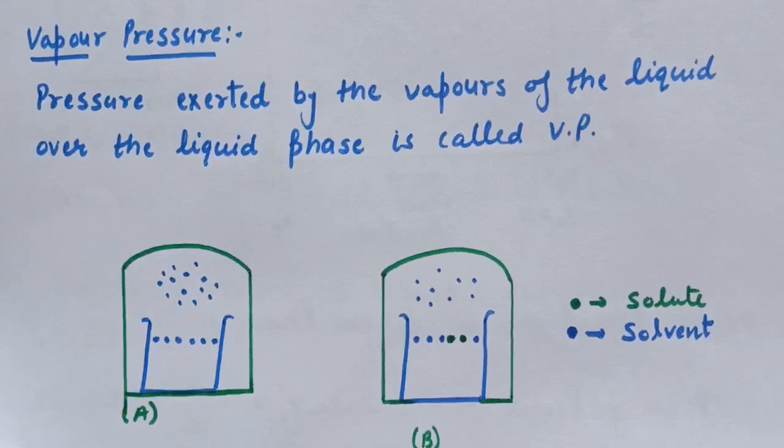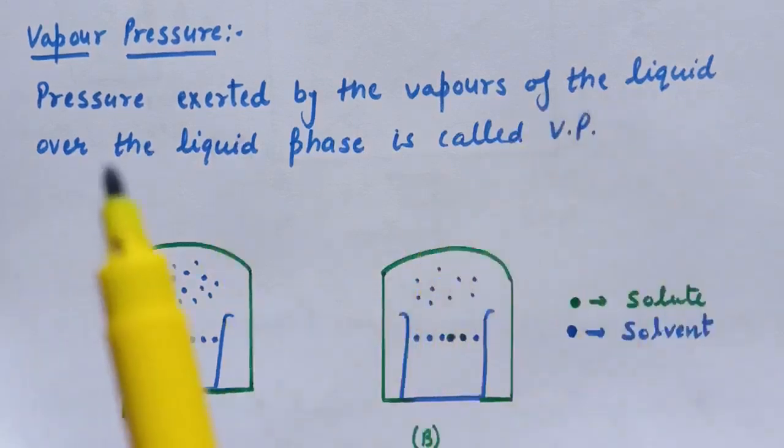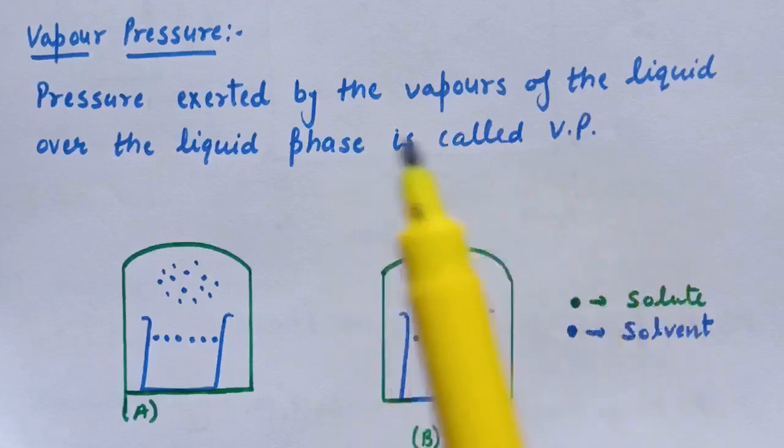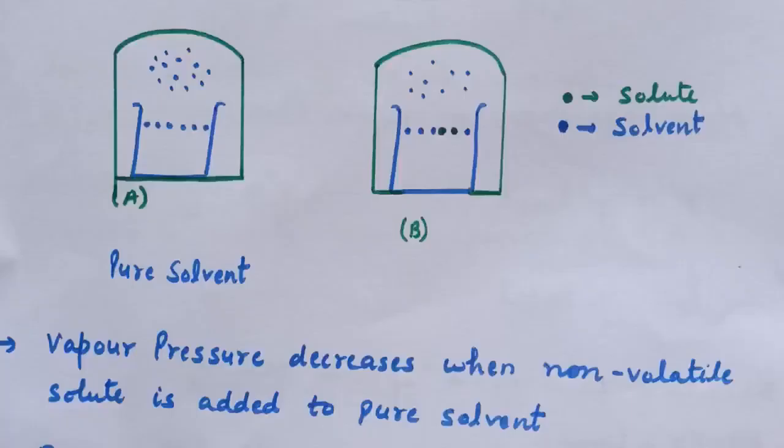So first of all we will define what is vapor pressure. As we have learnt in class 11, liquids at a given temperature vaporize, and under equilibrium conditions the pressure exerted by the vapors of the liquid over the liquid phase is known as vapor pressure. Now we will discuss what will be the effect of adding a non-volatile solute on the vapor pressure of a liquid solvent.